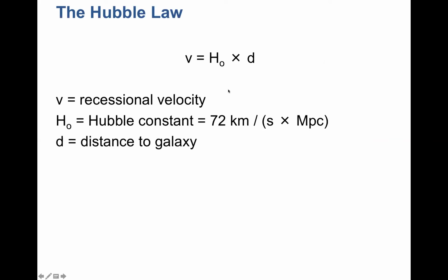And H naught has these weird units because we want D to be a distance that's relevant for distant galaxies like megaparsecs, and we want V to be a unit that's appropriate for measuring radial velocities, which is kilometers per second. And so H naught has to come from those units. And so you get these weird kilometers per second per megaparsec for the actual Hubble constant. And that gives us a number that's kind of nice, between 0 and 100.